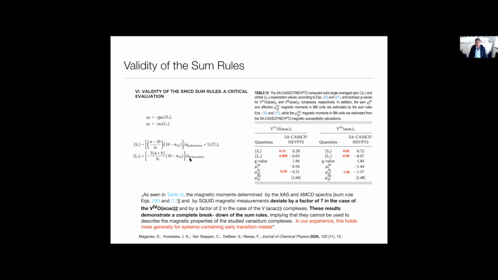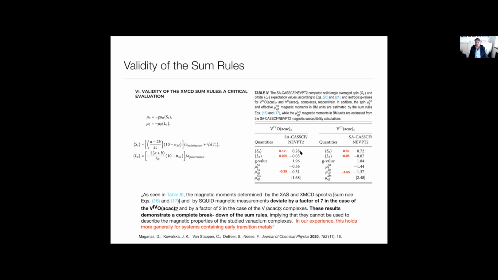We have derived the same expectation values from our many-particle wave functions, which are in good agreement with the experiment. So we think that our calculated spin and orbital moments are accurate too.